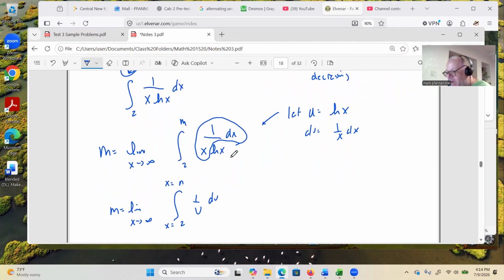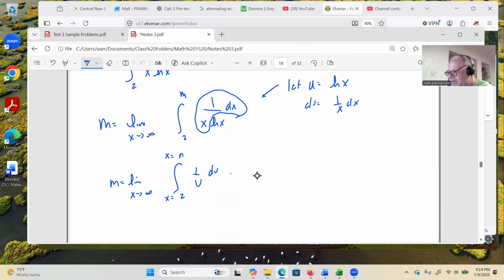Now we're ready to integrate. The integral of 1 over u du is the natural log of u, going from 2 to m.